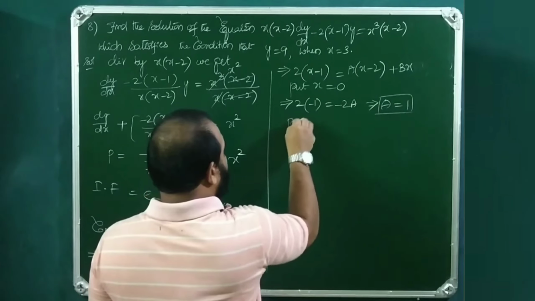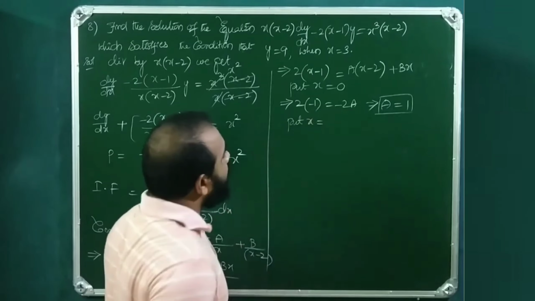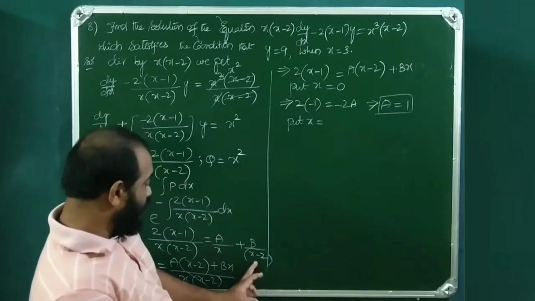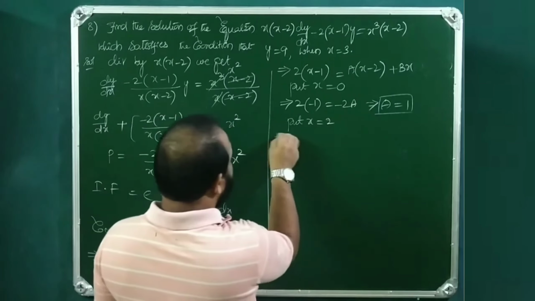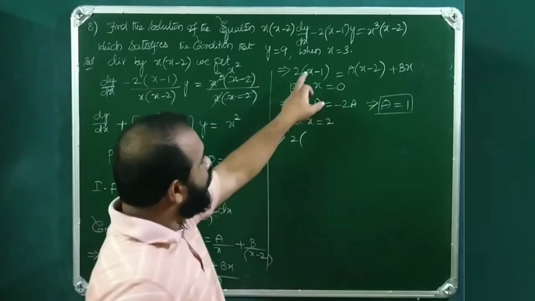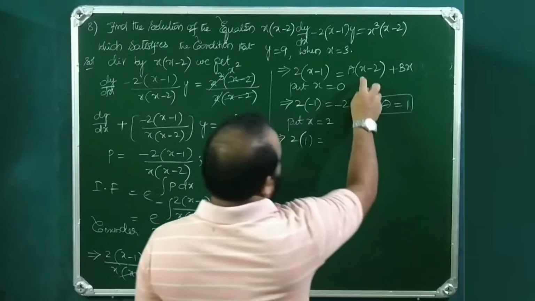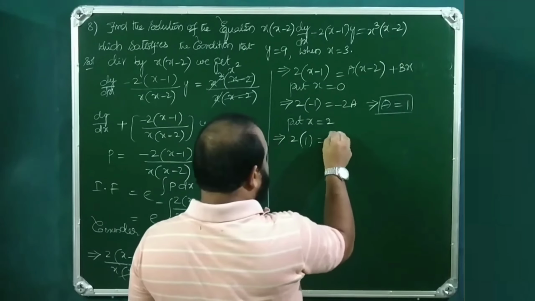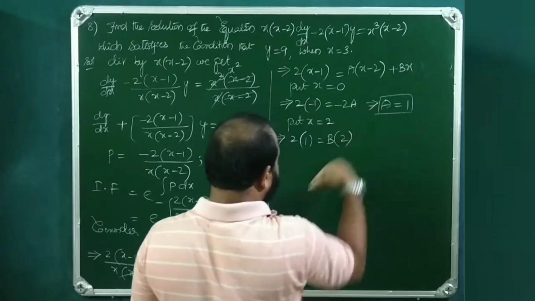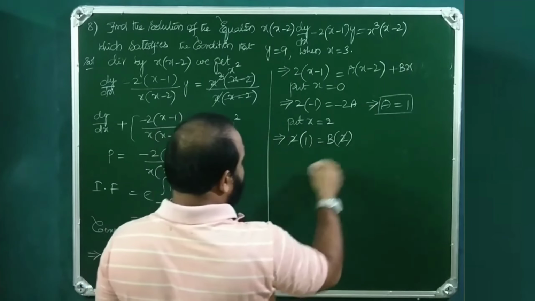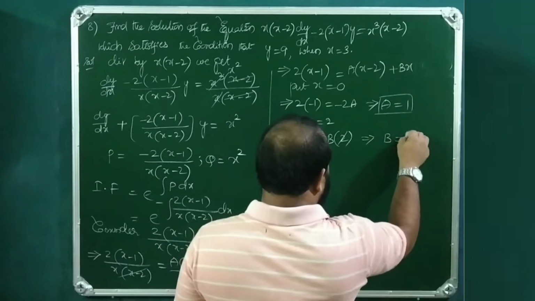Likewise, put x equals to 2. We'll get 2 into 2 minus 1, 1. So 2 minus 2, it will be 0. So b into 2, so 2 gets cancelled. Therefore, b equals to 1.